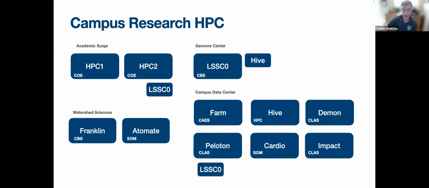So we handle 11 clusters on campus. And we have 2 clusters in academic surge ran by College of Engineering. We manage the Genome Center cluster, LSSE0, and Watershed Sciences building. We manage Franklin and Atomate. Franklin is a cluster ran by CBS, Biological Sciences.